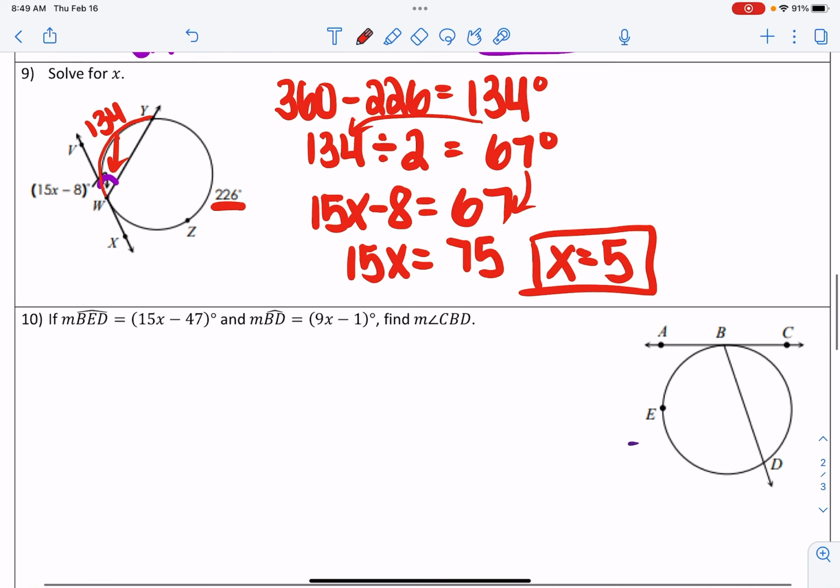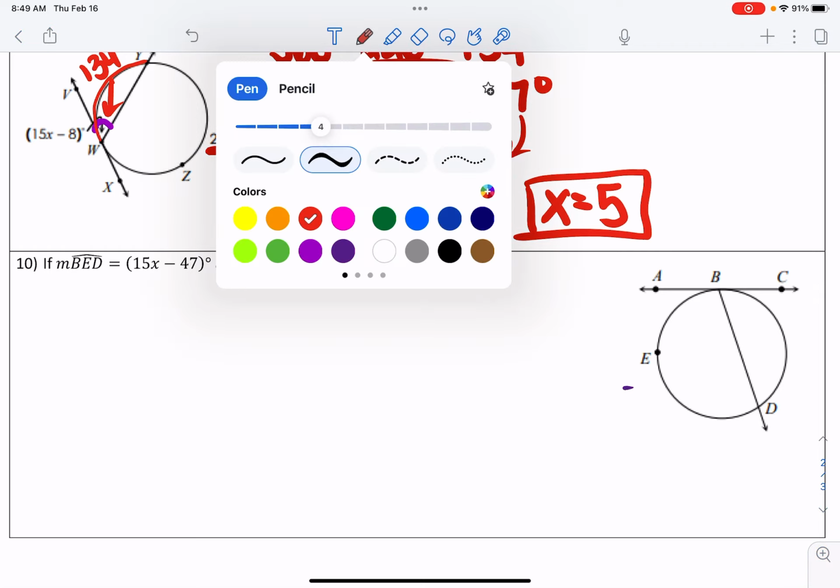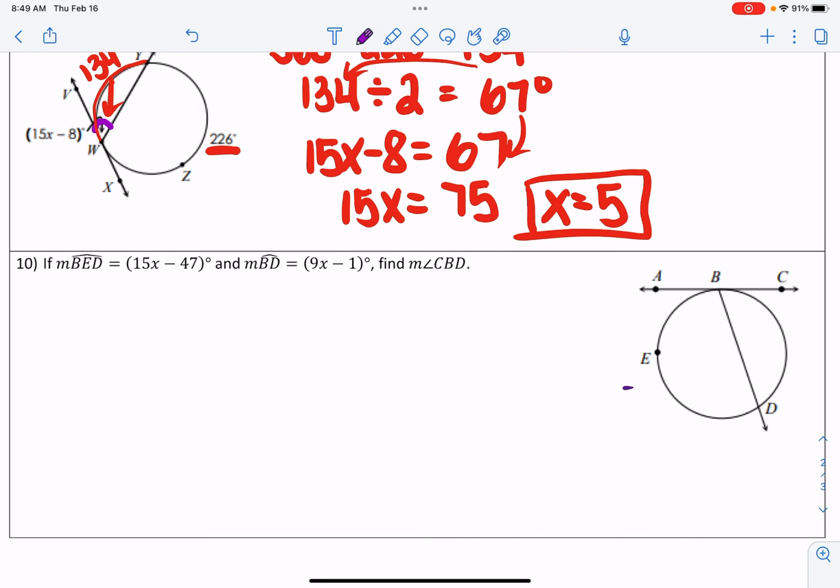Okay, the last one is going to be labeling the parts. So remember, a major arc has 3 letters, a minor arc has 2 letters, so we want to make sure we're checking whether or not that's a major or minor arc, okay? So the first one, it says the measurement of BED is 15x minus 47. So that's going to be a major arc, so we want to make sure we label that.